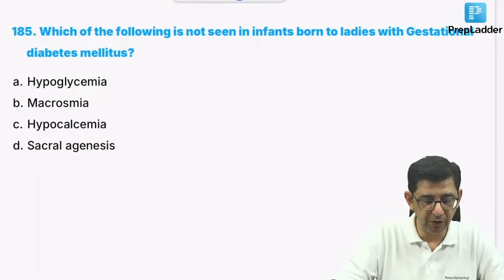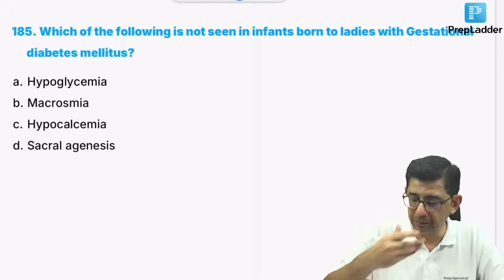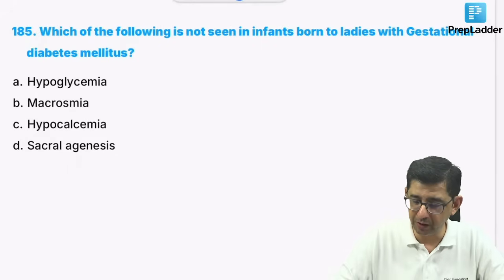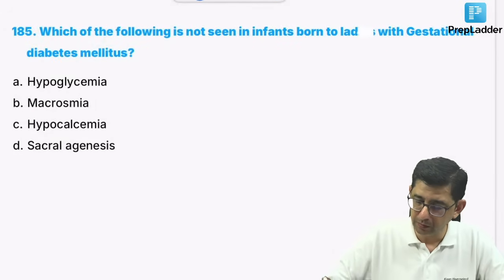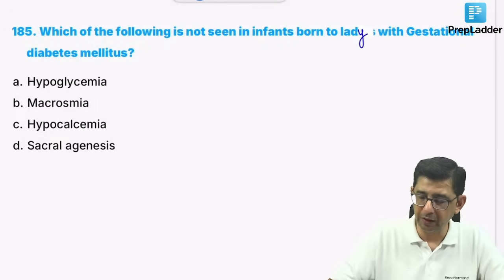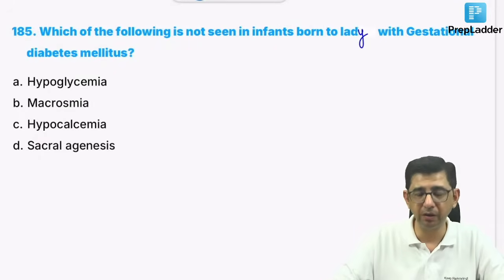Which of the following will not be seen in an infant born to a lady with gestational diabetes mellitus? Yes. Quick answers, please. If the lady is having gestational diabetes mellitus, then we can be having hypoglycemia.